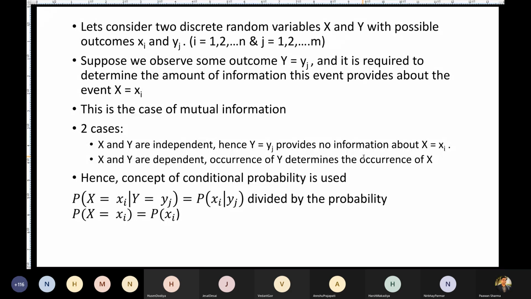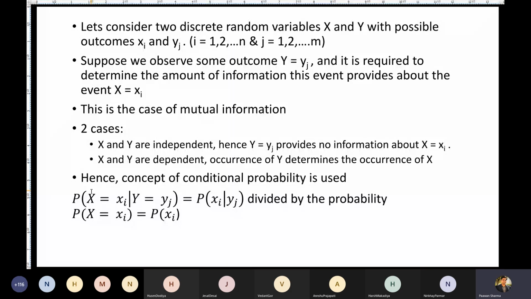For mutual information, you have a concept of something we call conditional probability. This symbol, a big vertical line, is actually the conditional operator. P, probability of event X having Xi value given Y having Yj value.